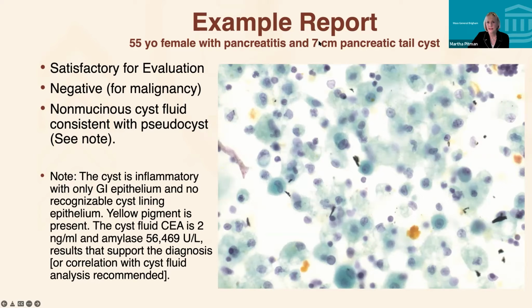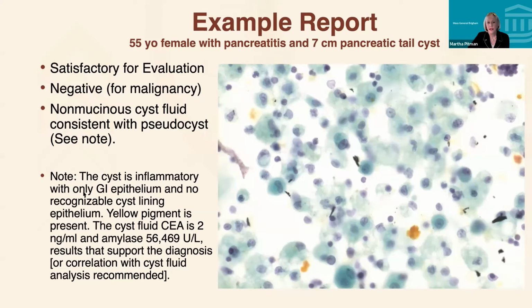With that history, that size, I look at the EUS report and see that the gastroenterologist got thin fluid, not thick fluid, then I'm comfortable that this is a non-mucinous cyst consistent with a pseudocyst, and describe in the background what makes me come up with that diagnosis.